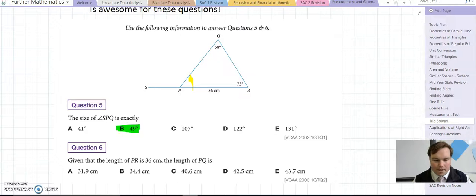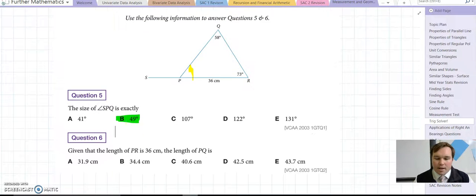So, next one down. Given that length of PR is 36, find length of PQ. Now, this here, if you want to do it manually, you're thinking sine rule. But Trig Solver can work as well.